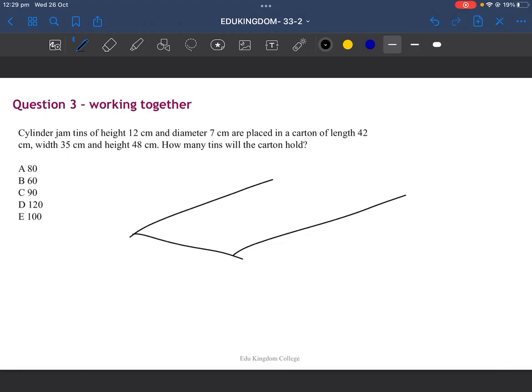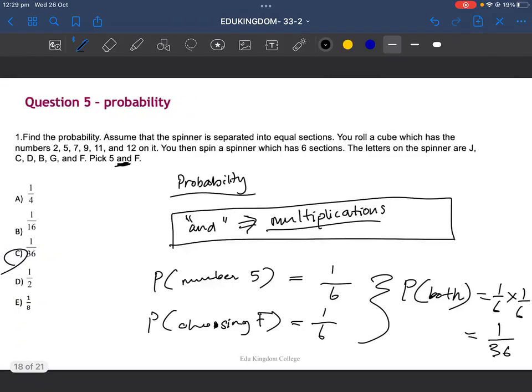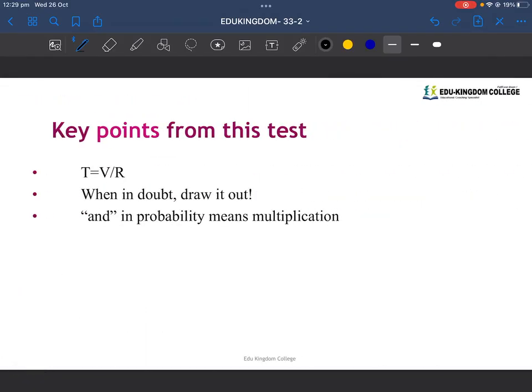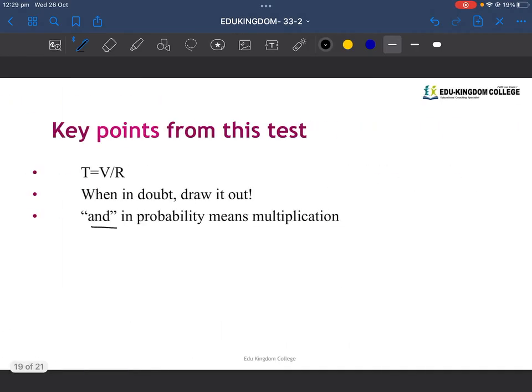Remember how we drew out our box, and then correspondingly tried to find out how many cylinders fit into these boxes. So when you're in doubt, just draw it out. Next and final point, and in probability means multiplication, and that was from the previous question that we just did. Okay, and as long as you understand this, most of the probability questions would be quite straightforward.